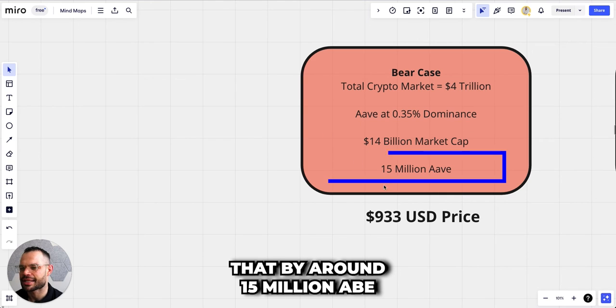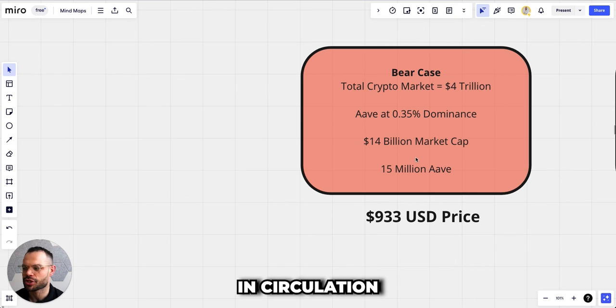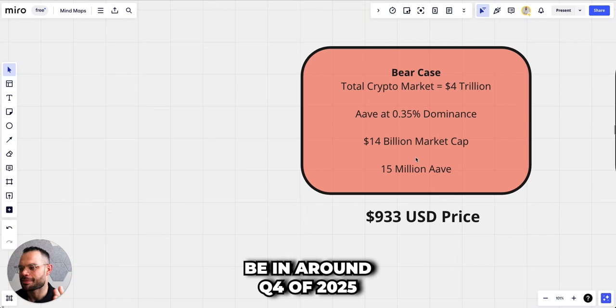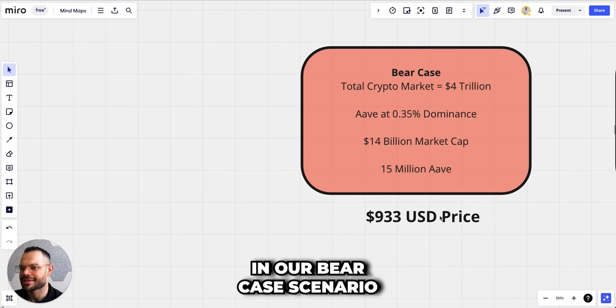Dividing that by around 15 million Aave, which we estimate to be in circulation by the height of the next bull cycle, which we estimate to be around Q4 of 2025, that spits us out at a $933 Aave price in our bear case scenario.